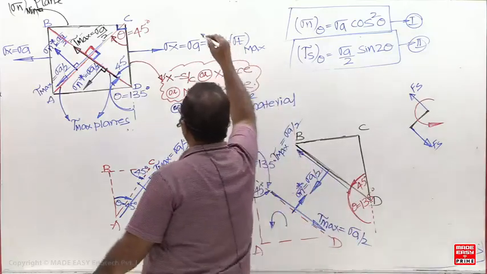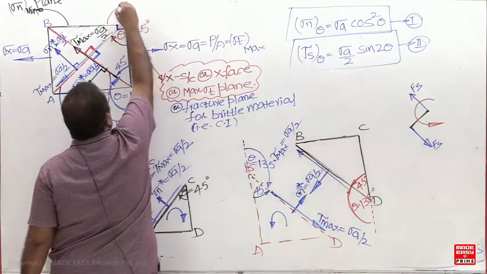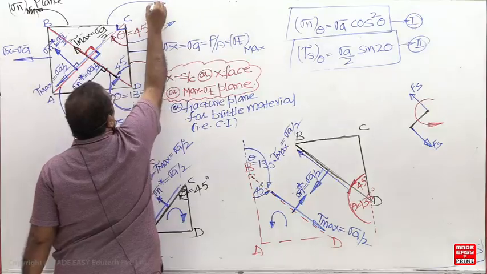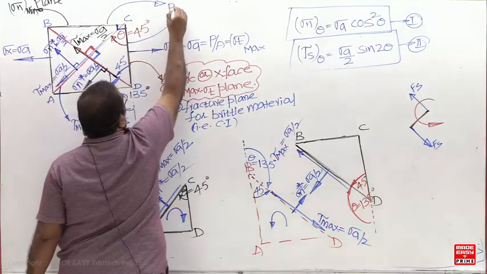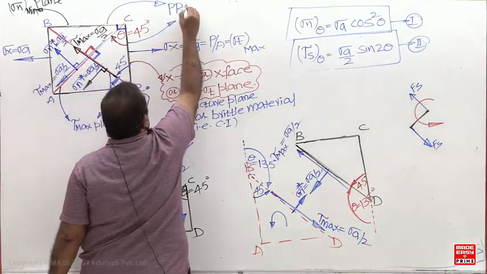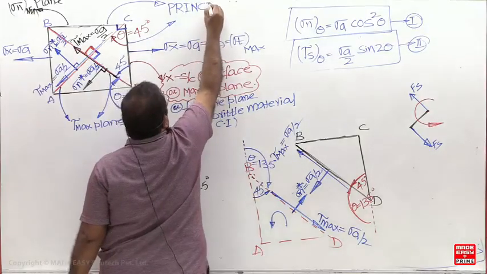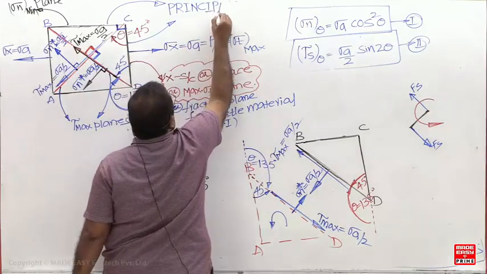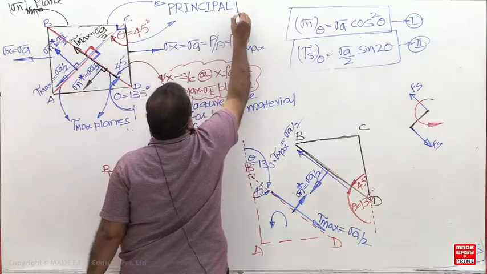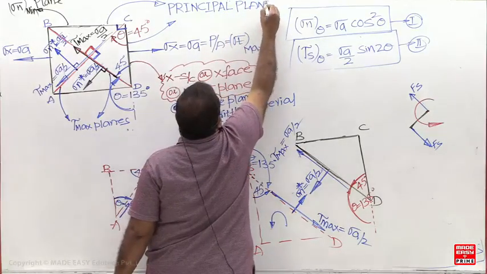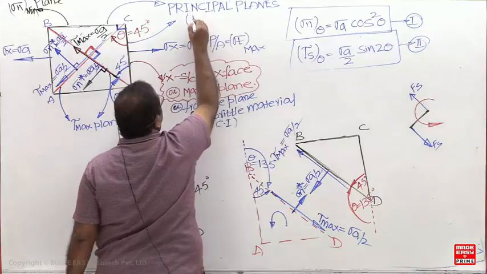So these two planes are called what? These are in the short form PP.